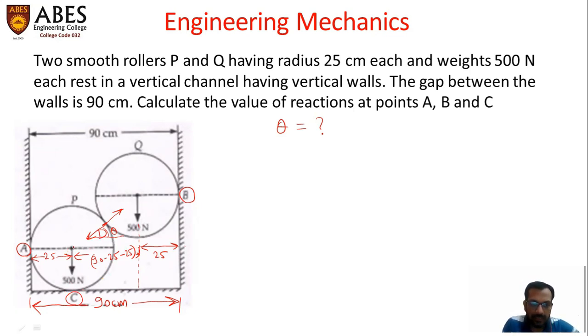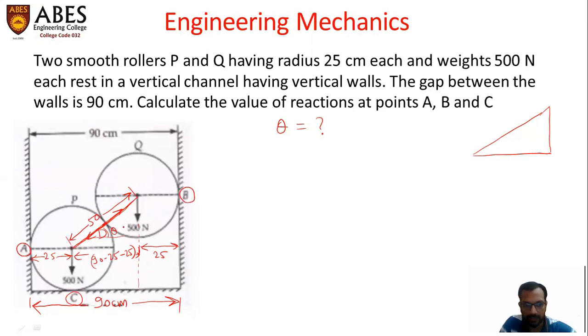Now, what is the distance between the centers of the rollers? Can you see this? The distance between the centers of the rollers is the summation of their radii. The radius is 25, so the distance between these two centers will be 25 plus 25, that is 50. So we are obtaining a right angled triangle here.